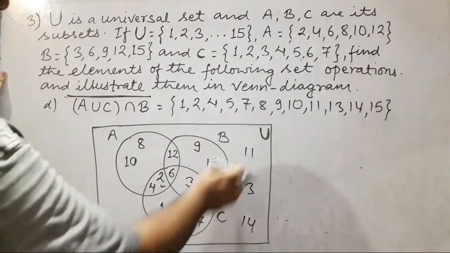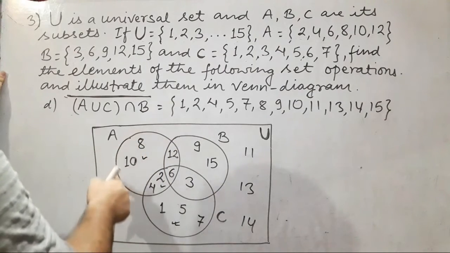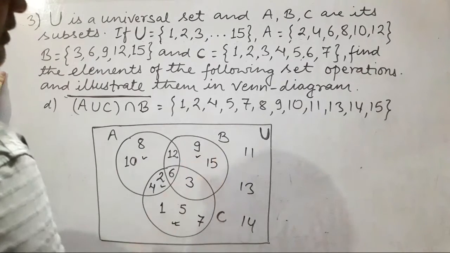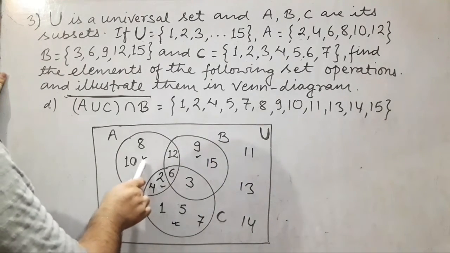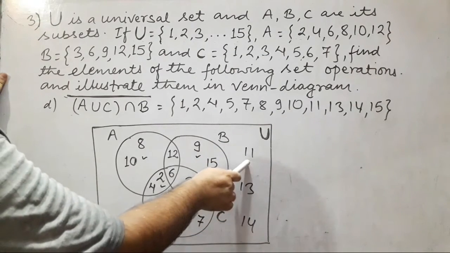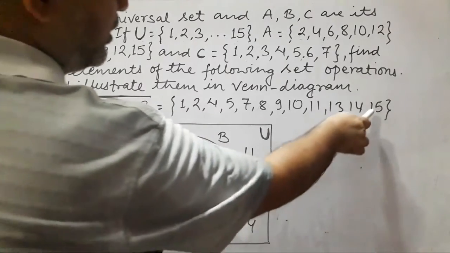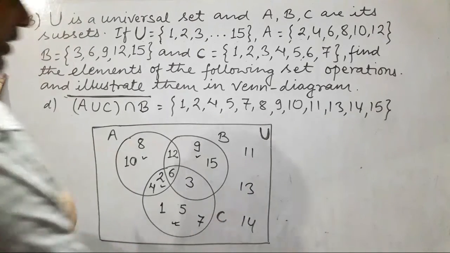Already selected. 8. Now this part also we shall set. 9. This part also we shall select. 10. Already selected this part. 11. Okay, this part also. 13. This part outside already taken. 14. Okay, and 15. This part already taken.